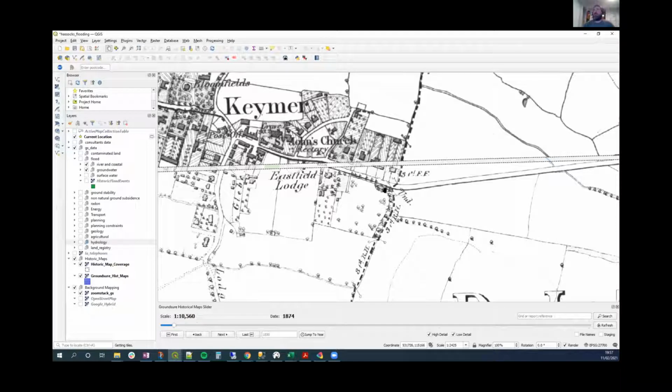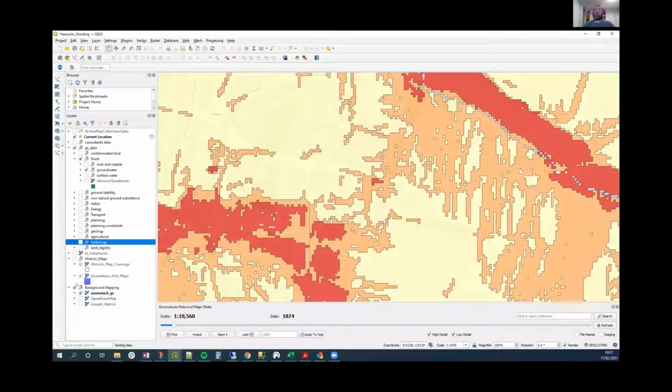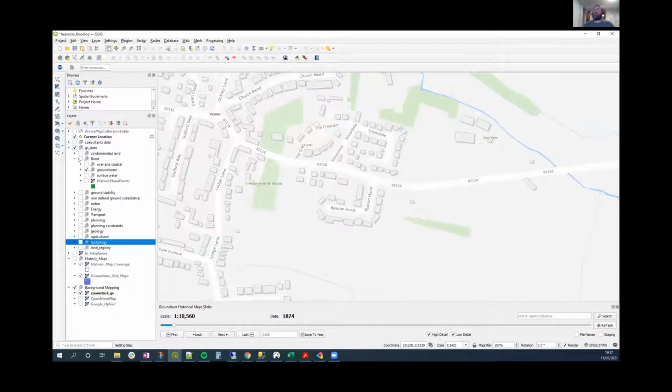So one of the interesting things is, would that flooding still occur if the pond was there? Would that water naturally have formed that pond during the wetter periods and stopped the road being flooded? And also what I noticed is if we look at the groundwater flooding, right at the point where it floods, there is very high indication of groundwater flooding.